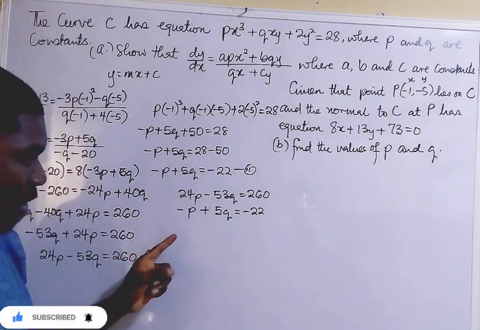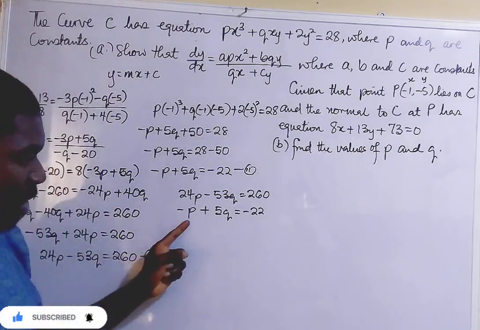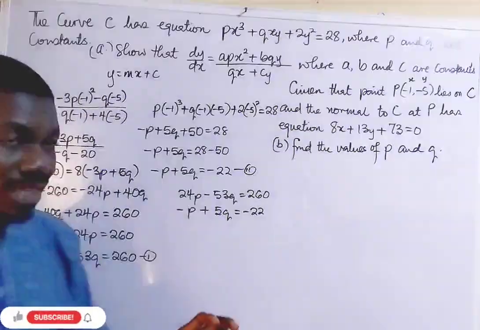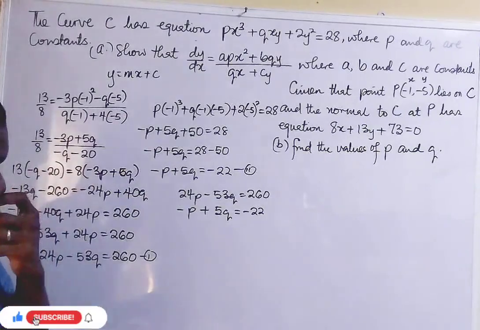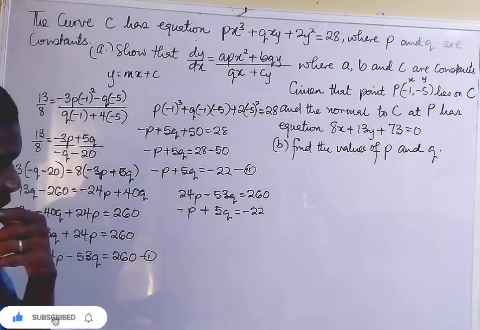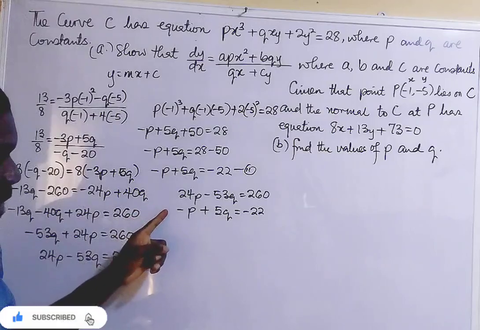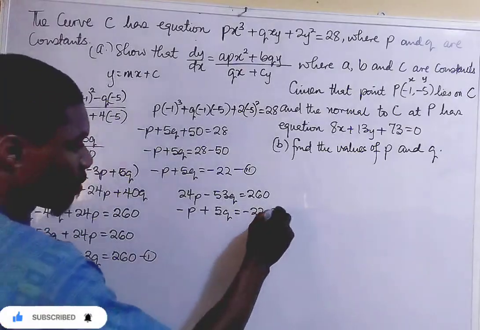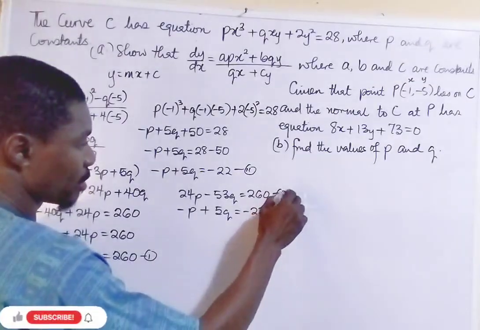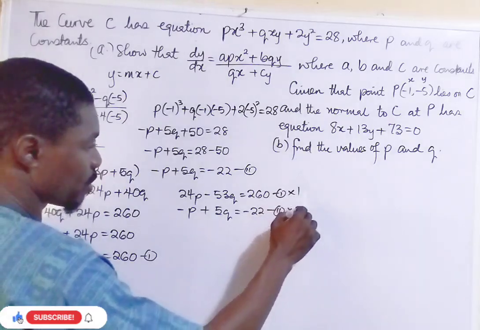Now what we need to do here is to ensure that either of these unknowns has the same coefficient. A simpler one here, let us multiply both sides by 24. That is for equation 2. This is equation 1. Multiply this by 1 and multiply this by 24.